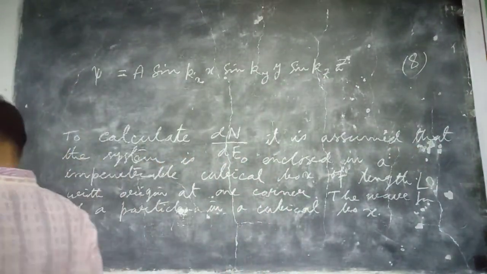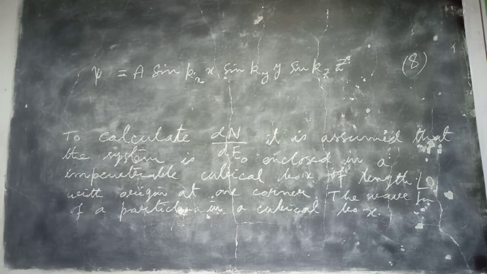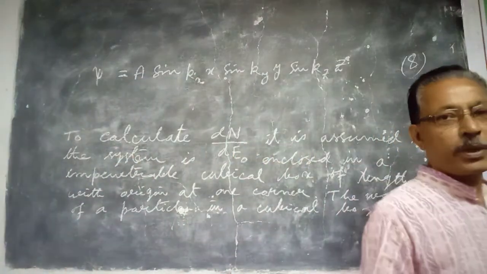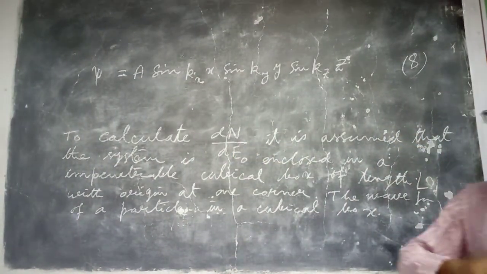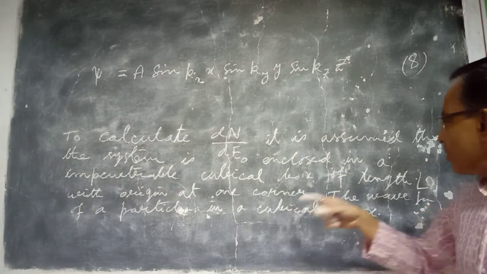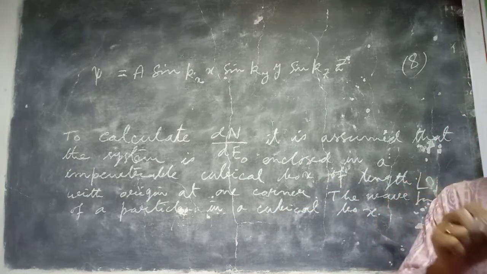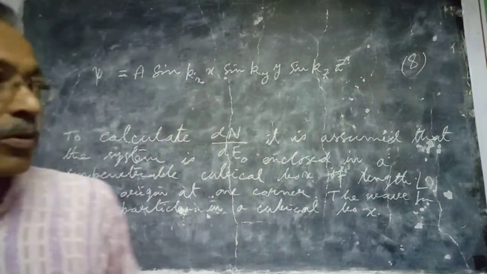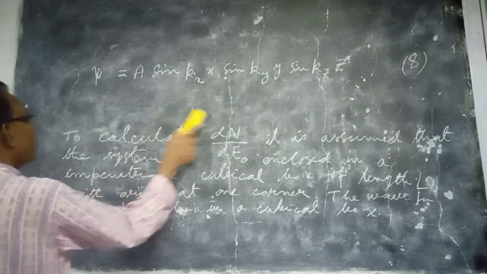Now if we apply the boundary condition, because the system is enclosed in a cubical box, the particle cannot go outside the box. So at x equal to 0 and at x equal to L, the wave function must be 0. By applying that boundary condition, one can find the value of kx.